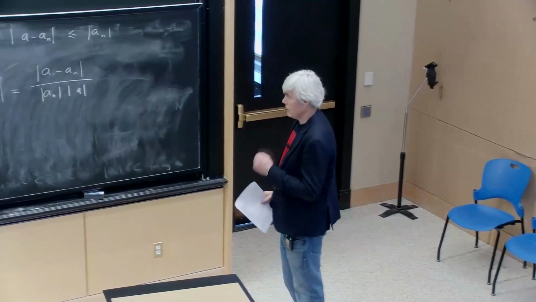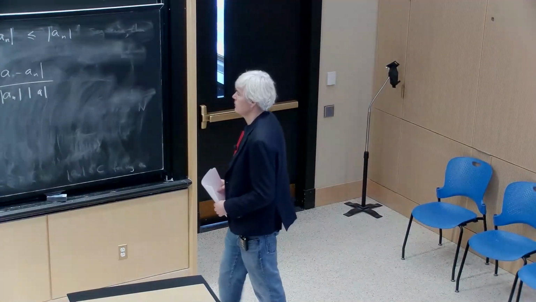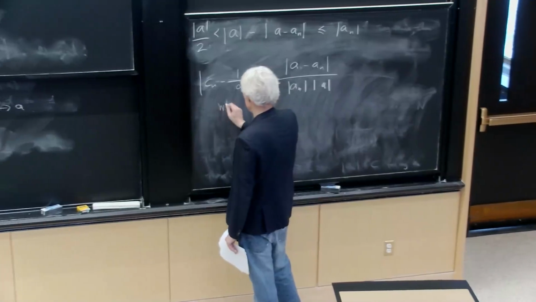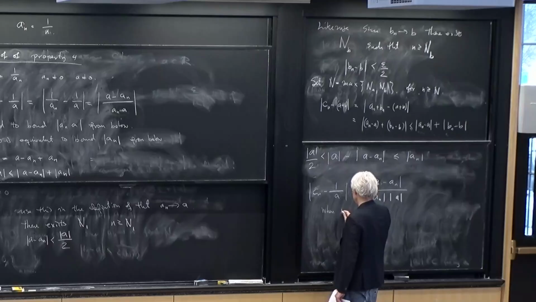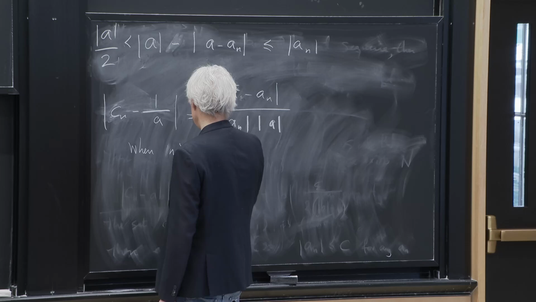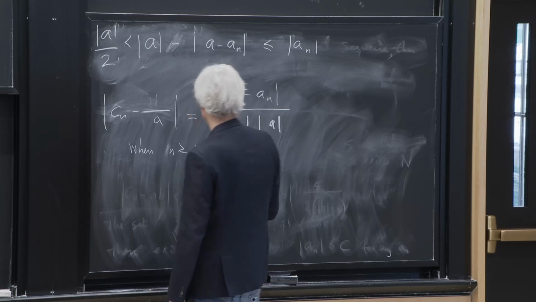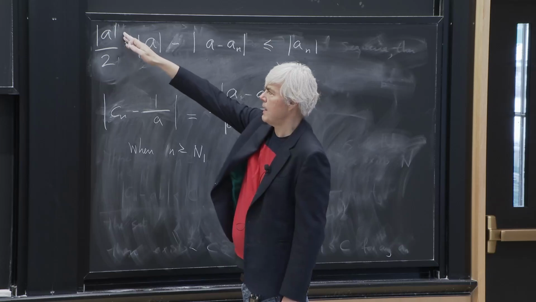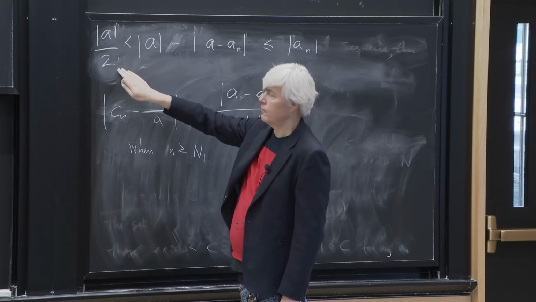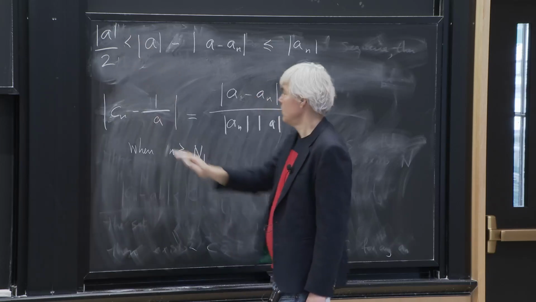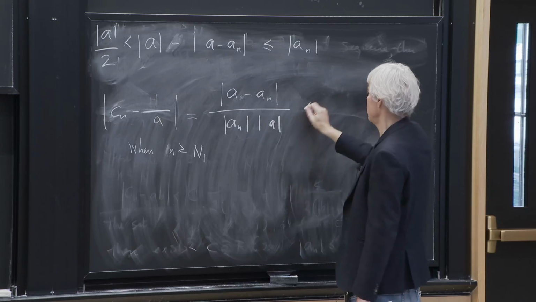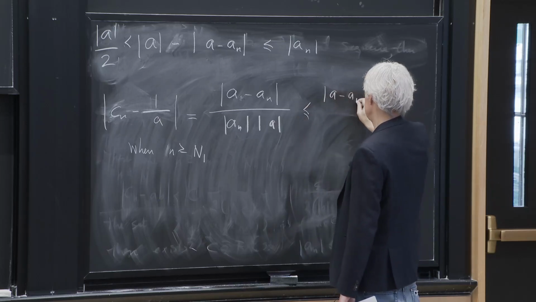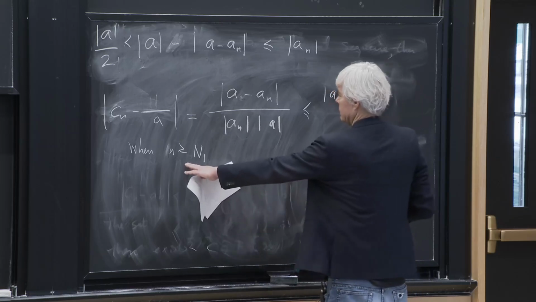Now you see that as long as little n is bigger than N1, this thing here is at the very least the absolute value of A over 2. So we can now bound this from above like this, as long as you have this inequality.